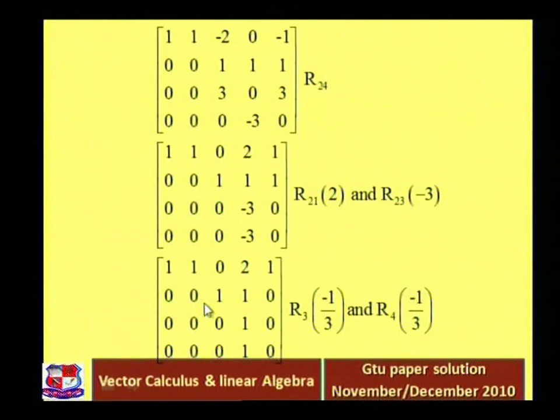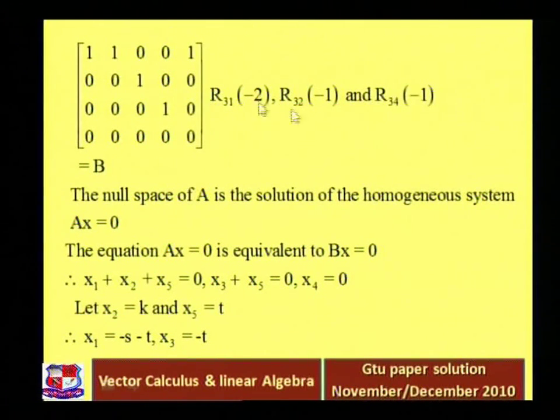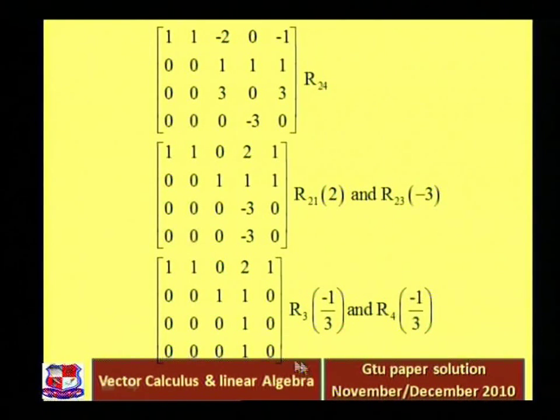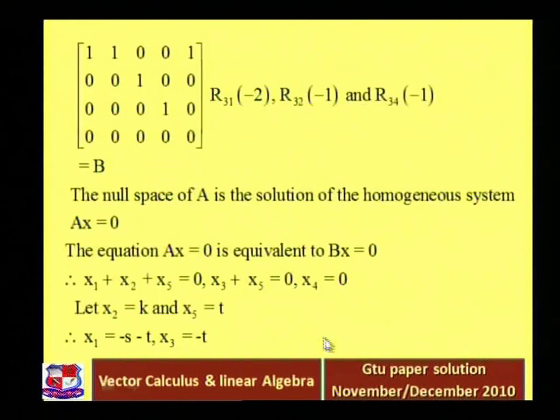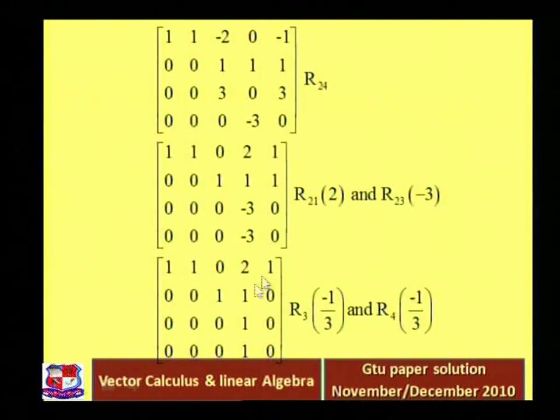So you will get 0 0 1 0 0, and multiplying third row with minus 1 and add into the fourth row, you will get 0 0 0 0.